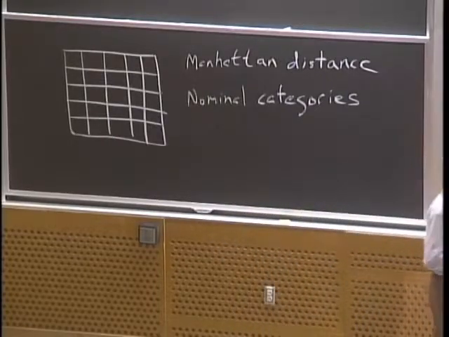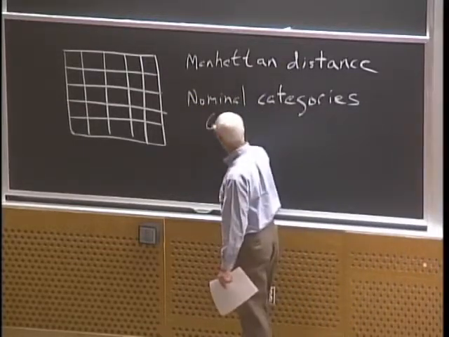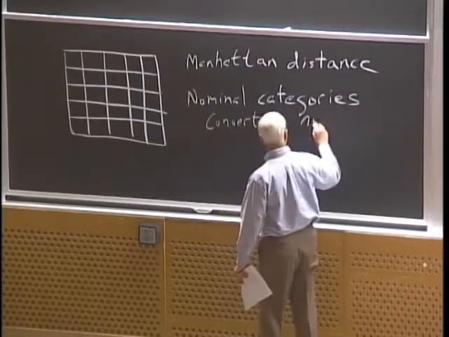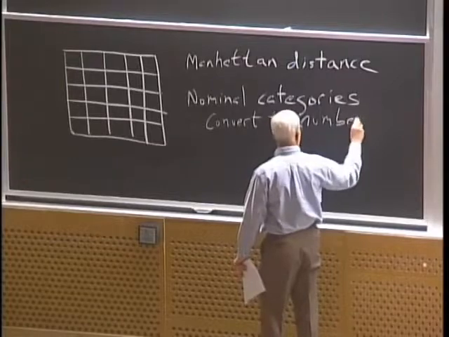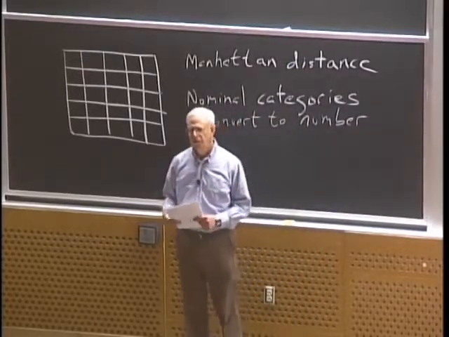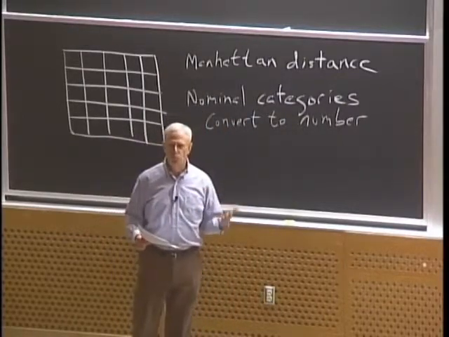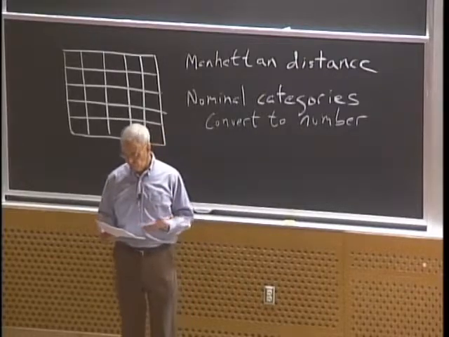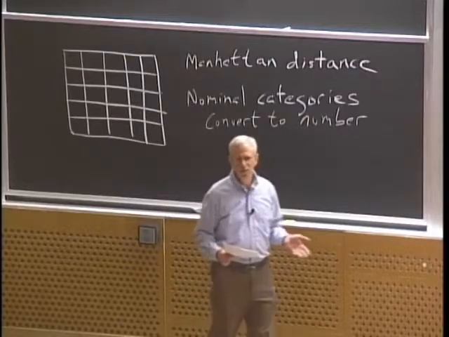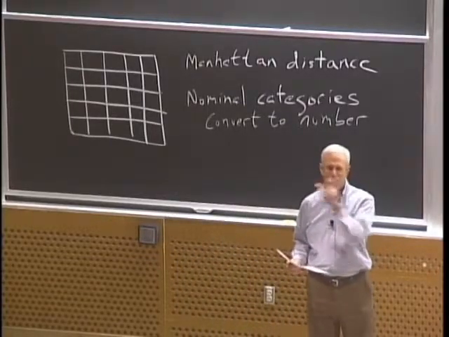Typically, what we have to do in that case is we convert them to a number and then have some ways to relate the numbers. Again, this is a place where domain knowledge is critical. So for example, we might convert blue to 0, green to 0.5, and brown to 1, thus indicating that we think blue eyes are closer to green eyes than they are to brown eyes.